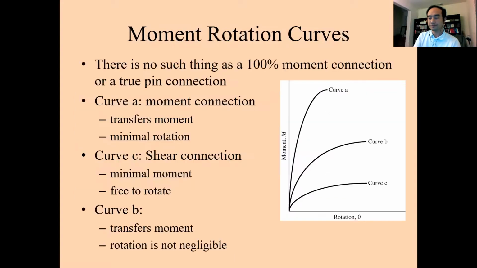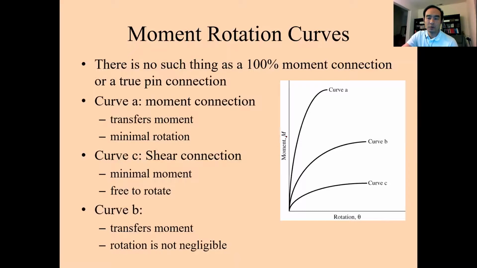Okay, so how can we classify these connections, whether a moment connection or a shear connection? It all depends on the behavior, because there's no such thing as 100% moment connection or 100% shear connection.